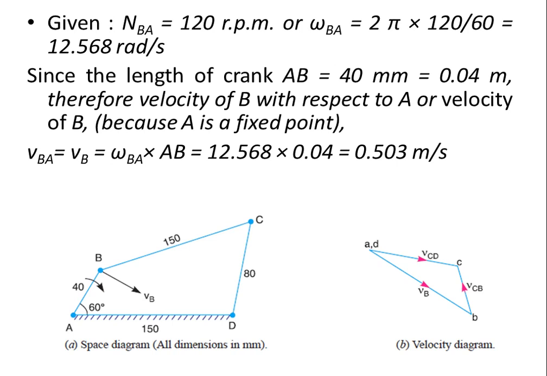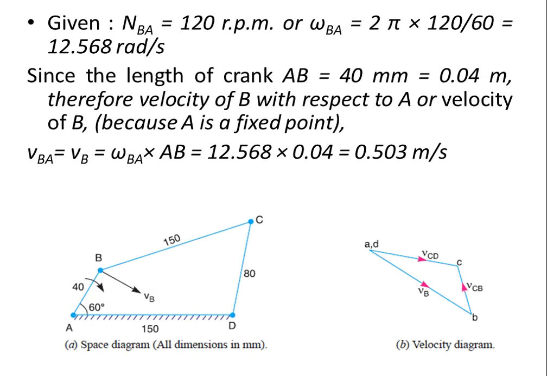Then take a distance of 40 mm and mark A to B, a point of 40 mm length. Then from point B and from point D, as you know the distance from B to C is 150 mm, you can take an arc with the compass. Take a 150 mm length in the compass and mark from B to C.